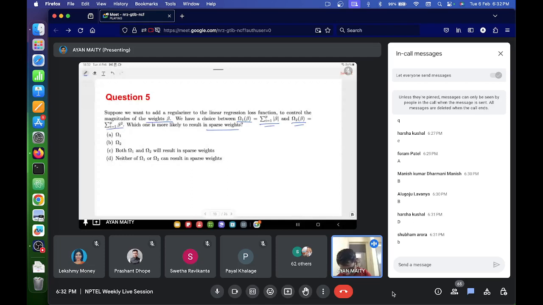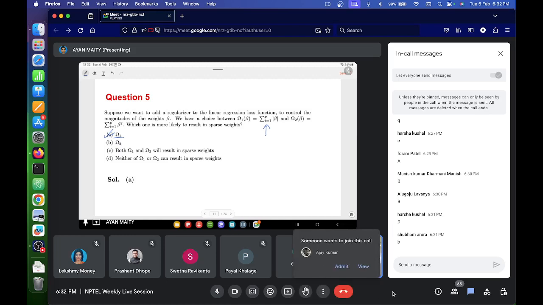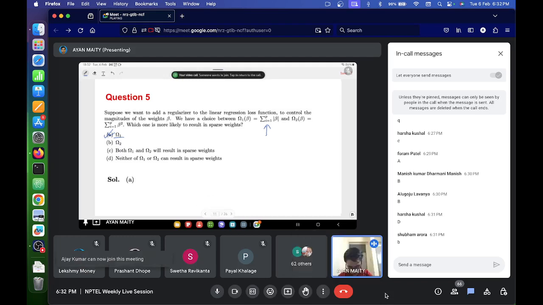The correct answer is option A, omega 1. This is also called lasso regression, or L1 regularization, and omega 2 is called ridge regression or L2 regularization.